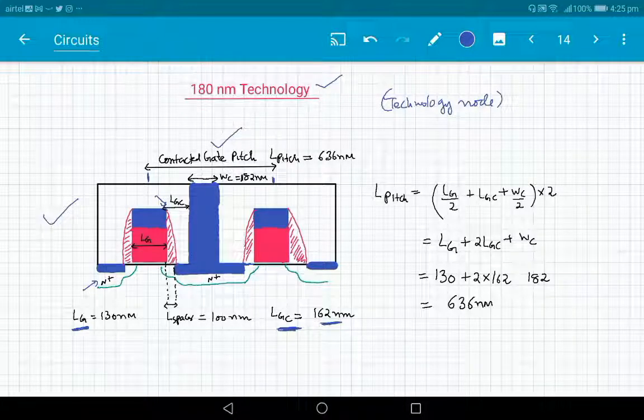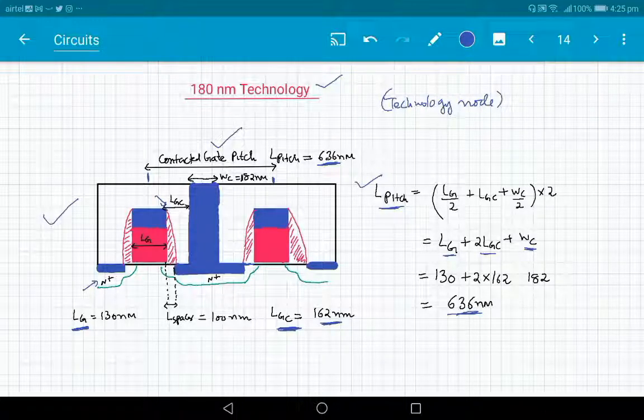So contacted gate pitch is 636 nanometer here. And of course we can break the contacted gate pitch, L pitch, down. It would be made up of the gate length, then the gate to contact length, and the contact, WC, is the contact length that is there here. So that comes out to be 636 nanometer here.